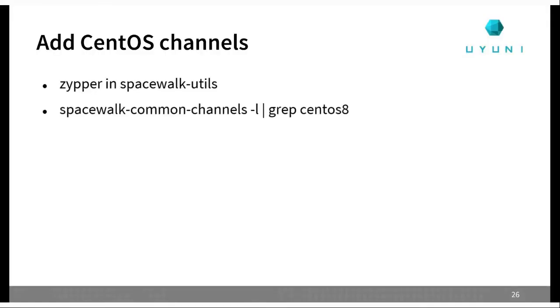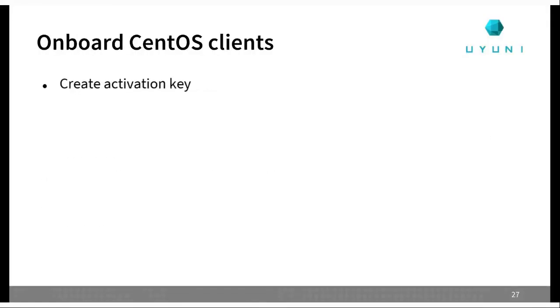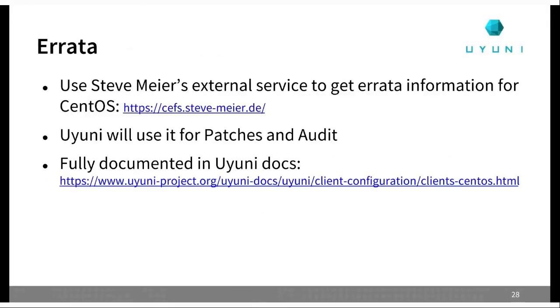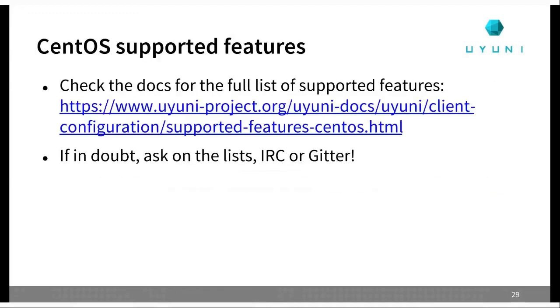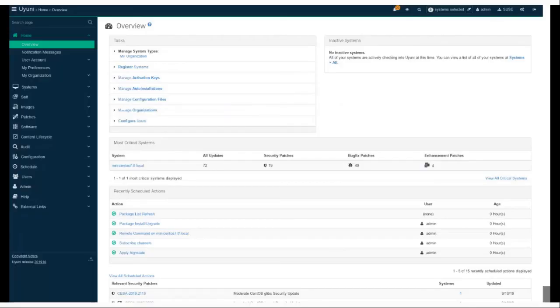For CentOS, same thing. You just need to use an external service to get the errata, because CentOS does not provide the errata in a way that you can download. It's fully documented how to do this in the Uyuni docs and also the support matrix. These are a few screenshots of how this looks. You can see that it's rather big.